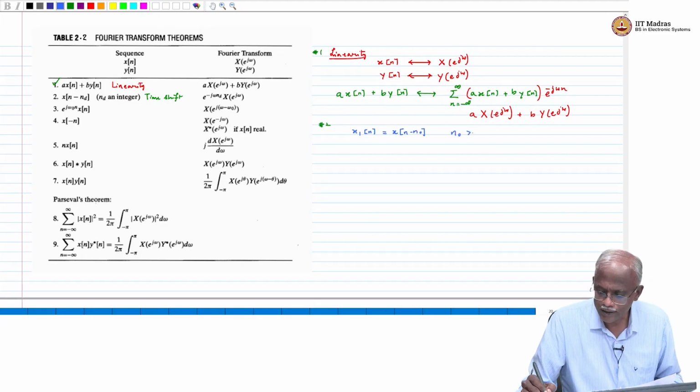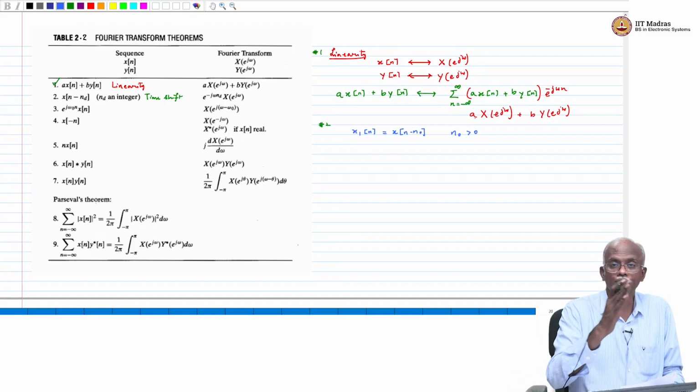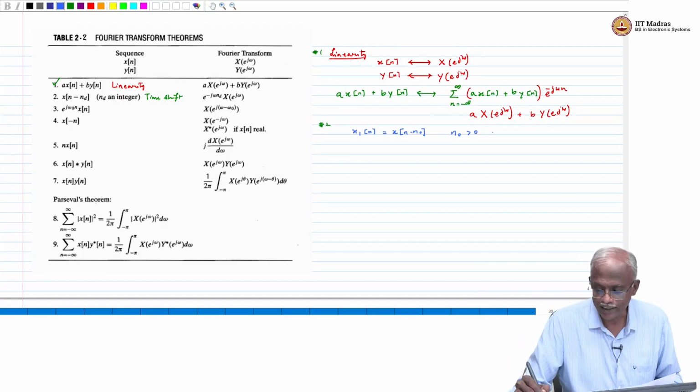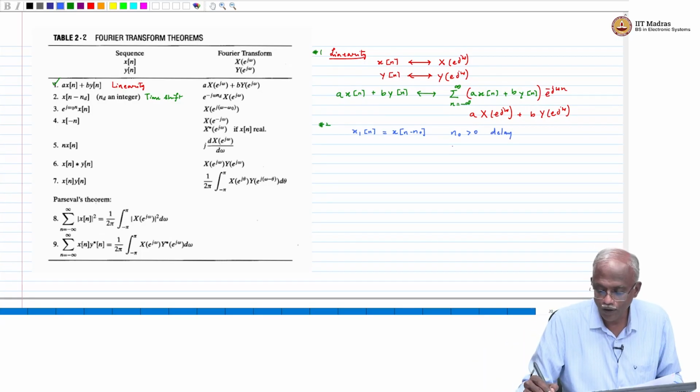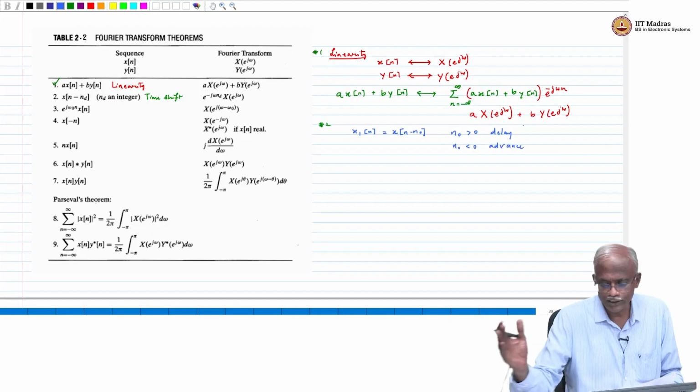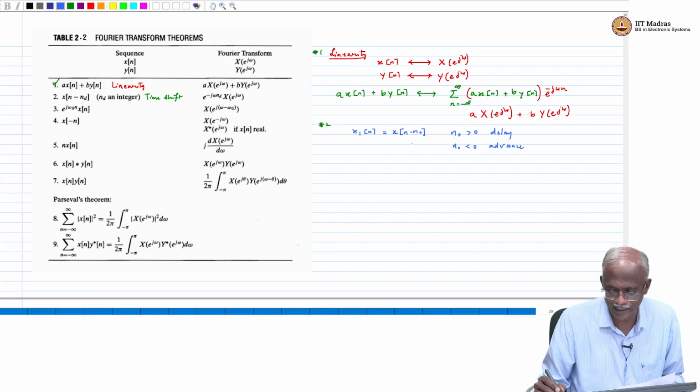If n naught is greater than 0, it would be a sequence that is delayed in time. Basically this particular sequence would have shifted to the right. On the other hand, if n naught is less than 0, you will have an advance operation. Basically the sequence will move to the left with respect to the origin, so it will occur earlier in time.